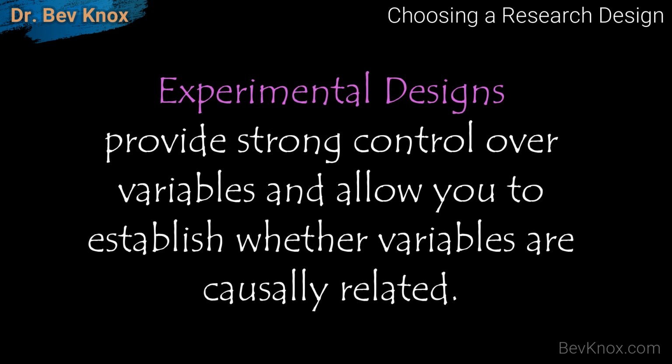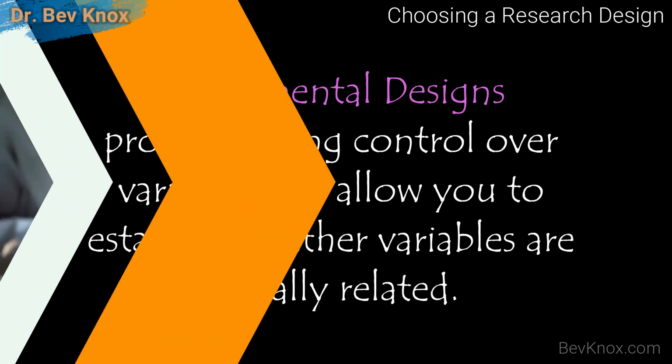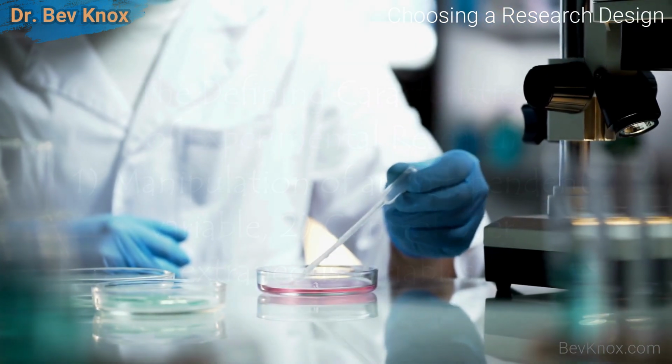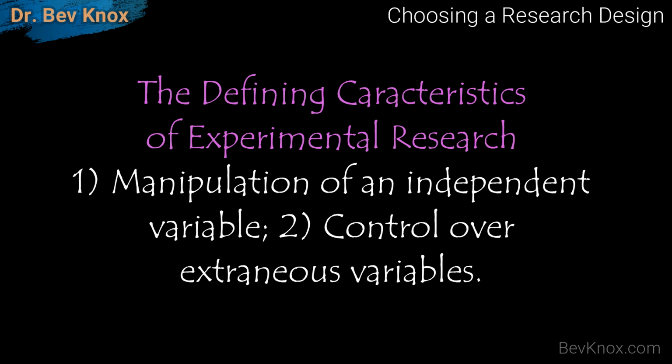Experimental designs provide strong control over variables and allow you to establish whether variables are causally related. The defining characteristics of experimental research are, first, manipulation of an independent variable, and second, control over extraneous variables. And I know you've watched my learning video lecture on research methods and strategies, which explain this in detail.